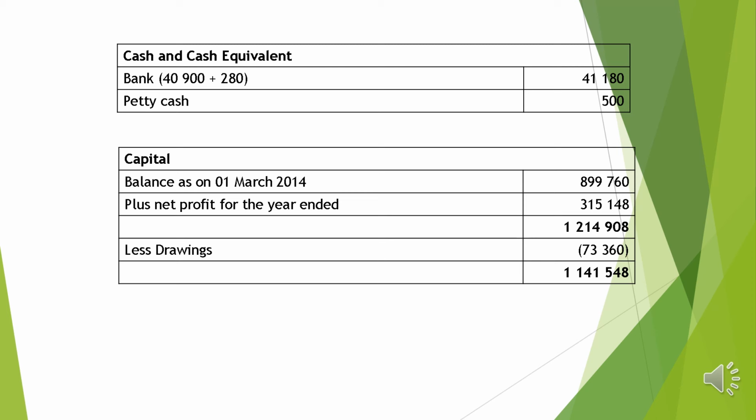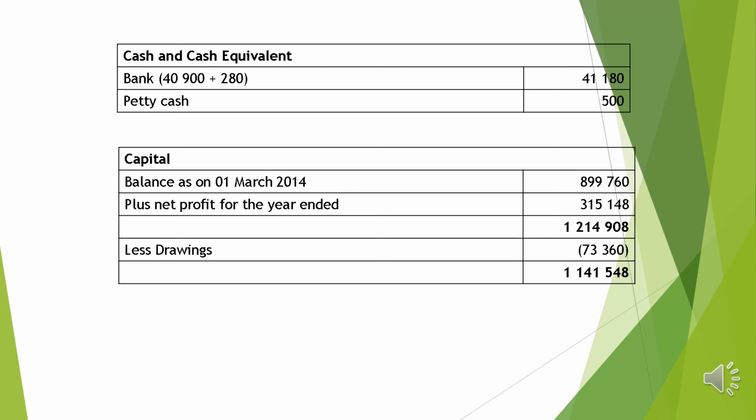Then lastly, let us look at your capital account. With your capital account, we are referring to the amount of money that was contributed by the owner of the business at the beginning, but also during the financial year.